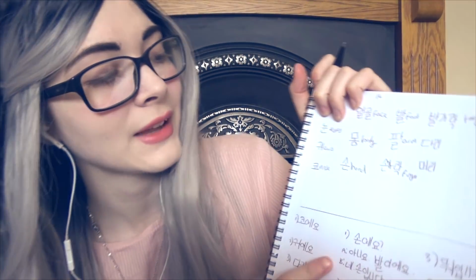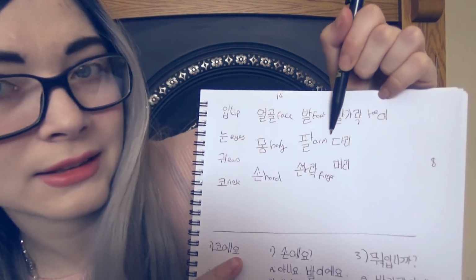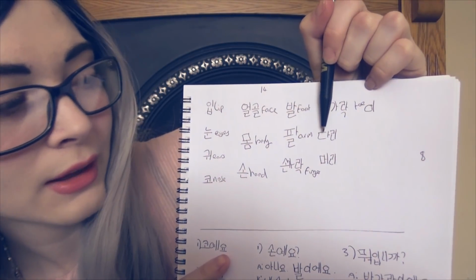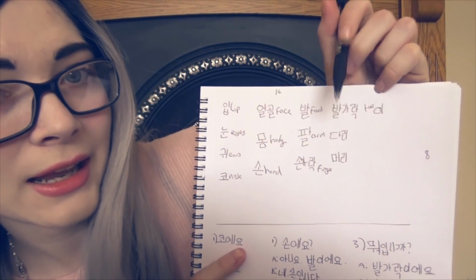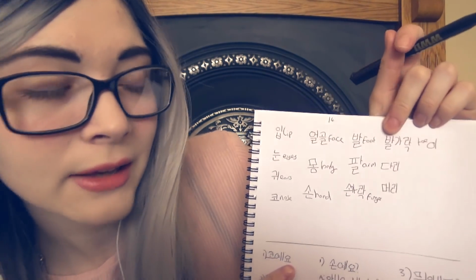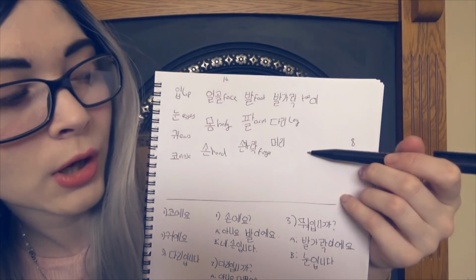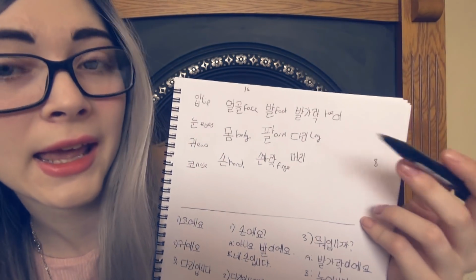Next up is dari. Dari means leg. While mari, whilst looking the same, means hair.